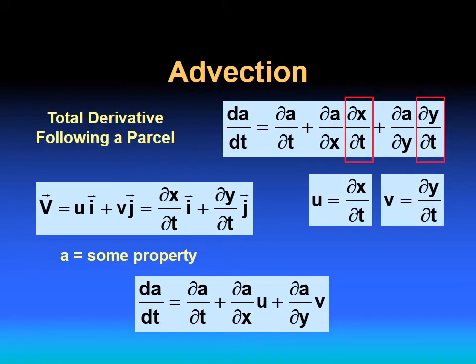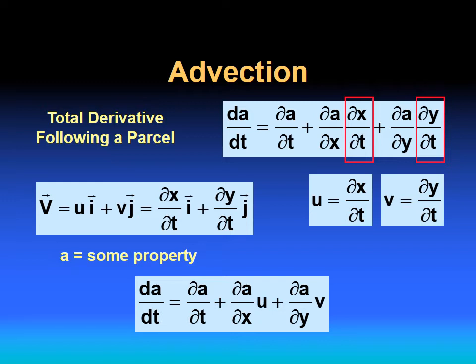So here's our equation for the total derivative, dA/dt. The total derivative, or the Lagrangian reference frame, is equal to ∂A/∂t, the small deltas, which imply a local change.